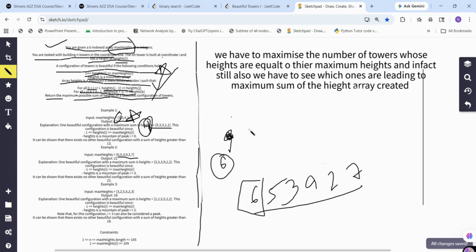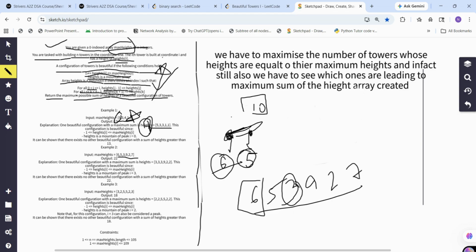If I try to use 5, what would be the maximum sum possible ending at that index? Here it is dropping, and I want it to be increasing. So I will try to make both equal to 5, 5. So here the possible sum is 10.